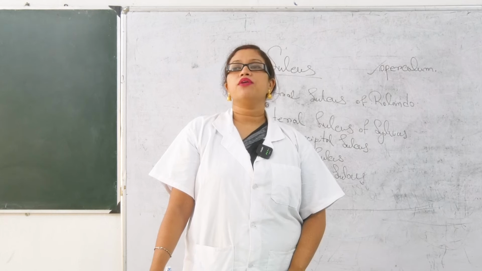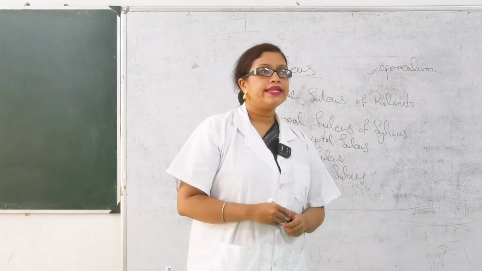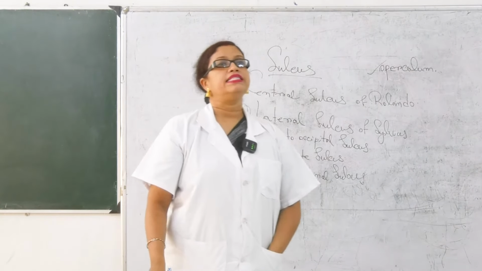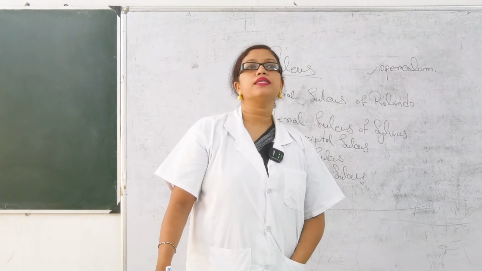Number 1 is the anterior limb, then the genu, which means knee, and the third one is the posterior limb.